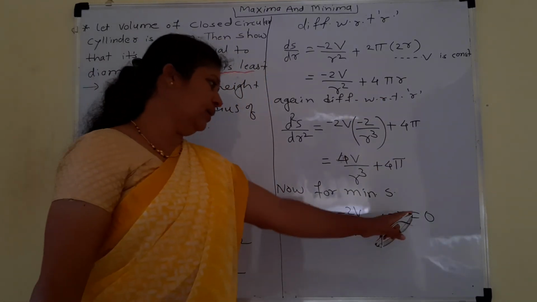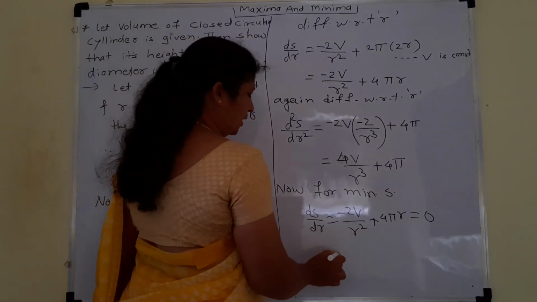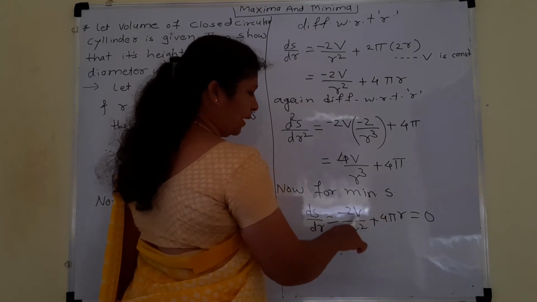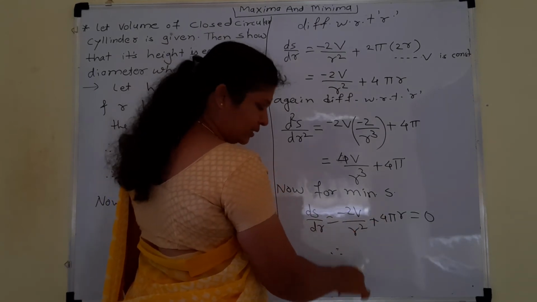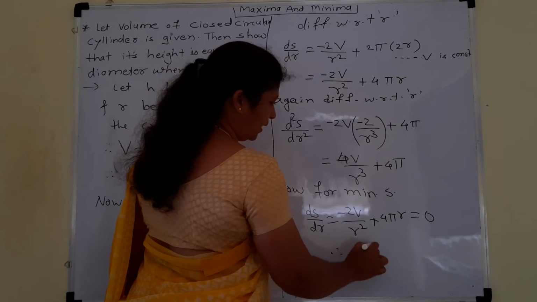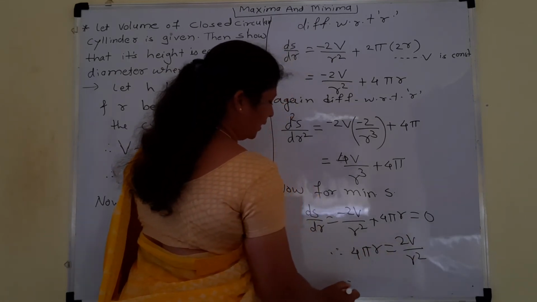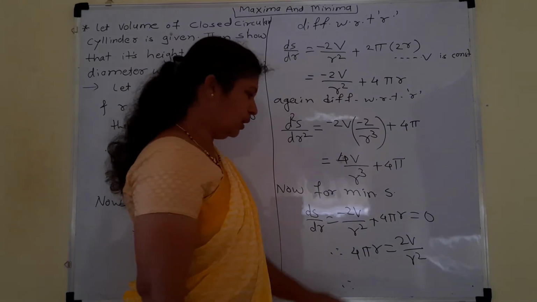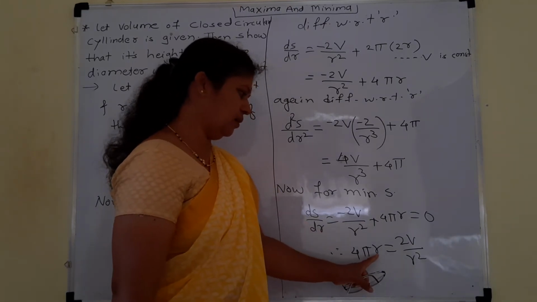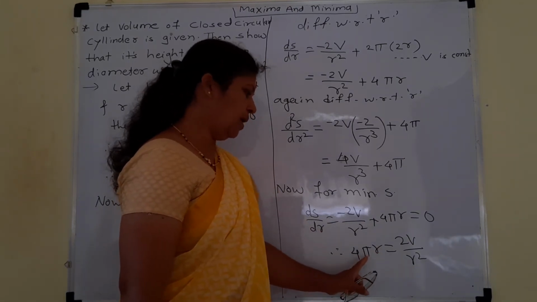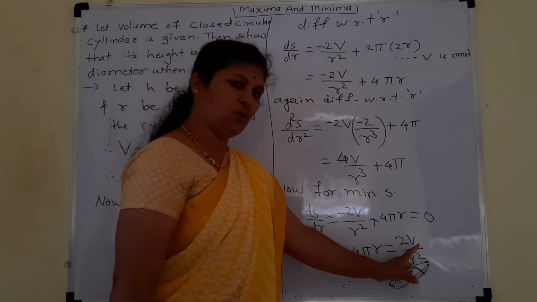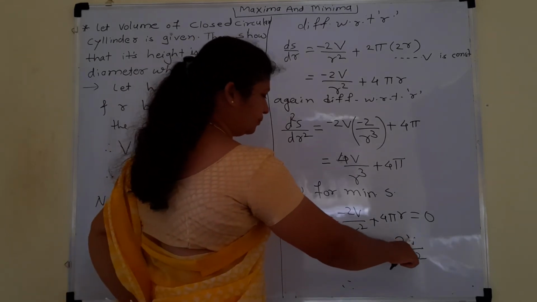This value will be 0. Now solving this, I will get 4 pi r is equal to 2v upon r square. Take this r square here, and you will get 4 pi r cube is equal to 2 times v.